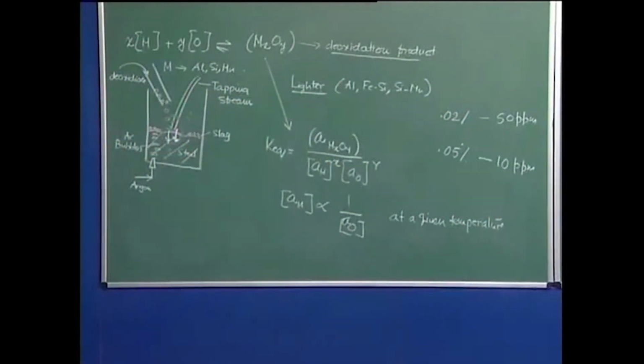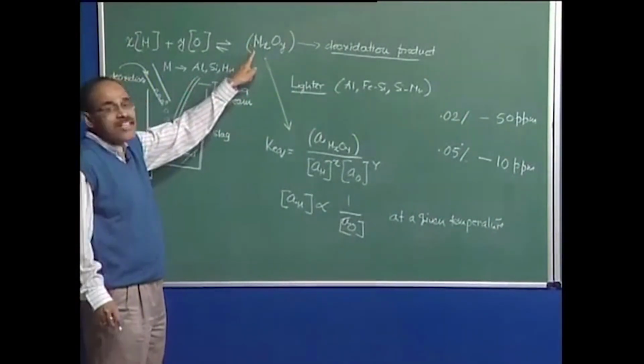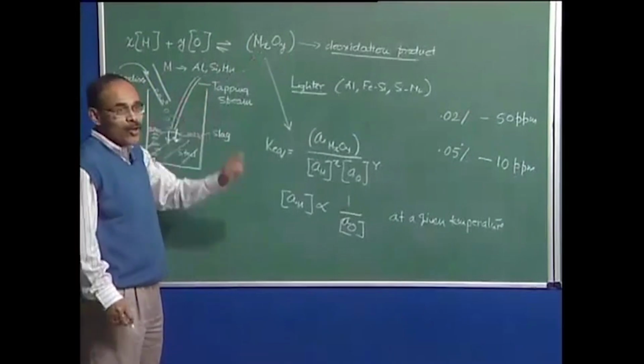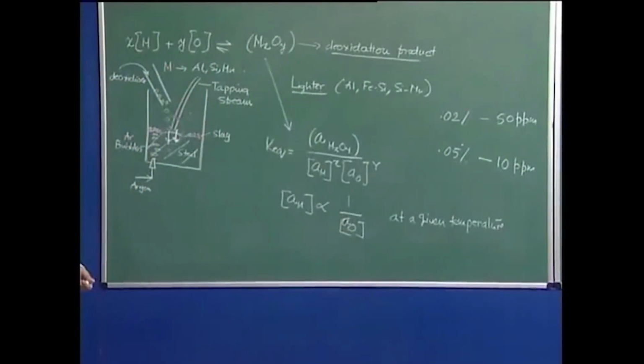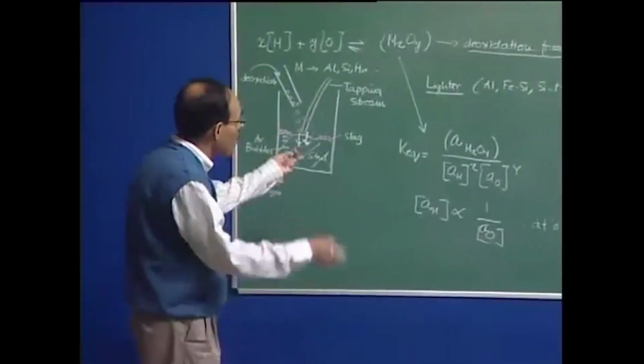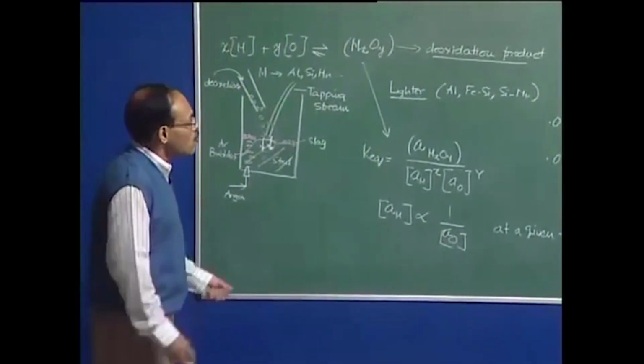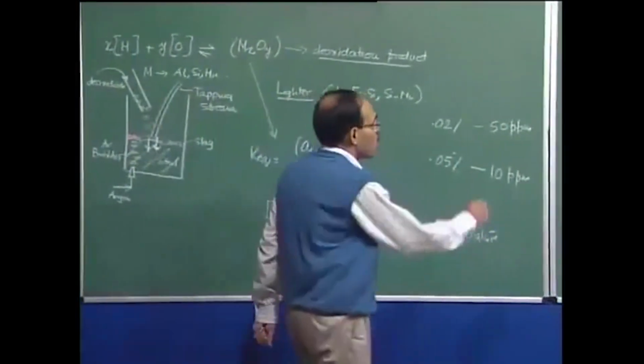When there is equilibrium, this deoxidation product need not be solid all the time. The deoxidation product can be liquid also, and under extreme cases, if you are using carbon to deoxidize the bath, just a hypothetical situation, of course, you have a gaseous deoxidation product, carbon monoxide or carbon dioxide, depending on what condition and oxygen potential you have in the system. So deoxidation products need not be solid all the time.